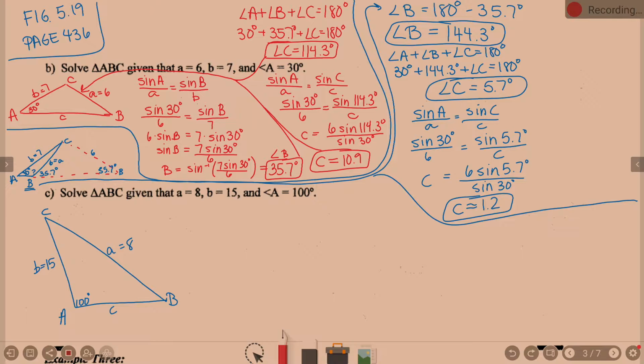Did you guys go back and find it? A is smaller than B, so it can't be a triangle. Yeah, this triangle can't exist. Angle A, the given angle, is obtuse.